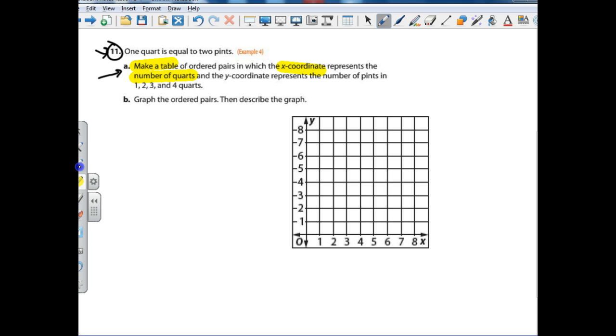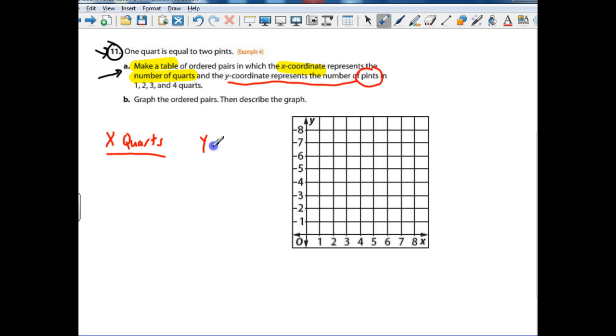All right, well, let's just start there. x represents quarts, so write that down right here. And then it says, I'll underline here, the y coordinates represents the number of pints. You can highlight if you prefer. So x is quarts and y is pints.